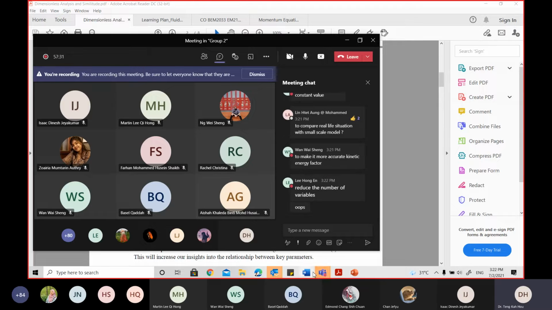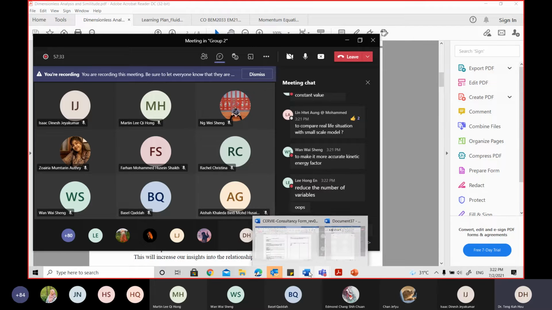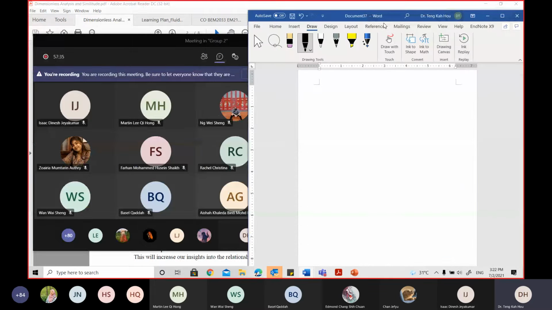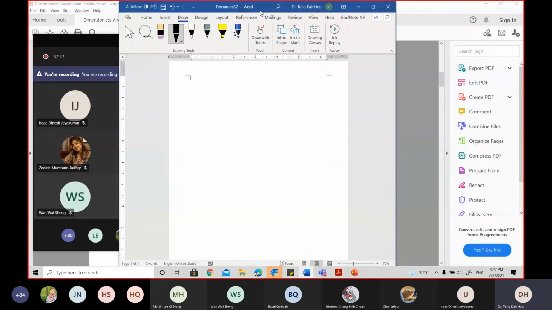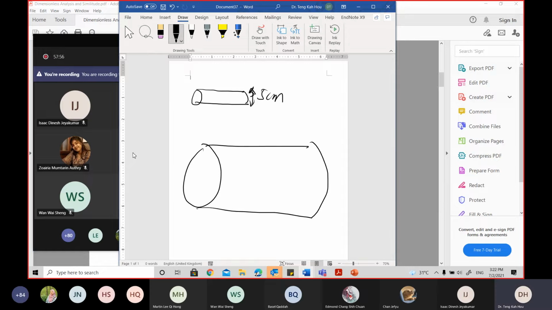It is to enlarge. When you know the engineering applications, we always have a lot of scaling down and scaling up, am I right? Let's say this is my pipe, only 5 cm. And suddenly, in my industry, I'm talking about 50 cm.